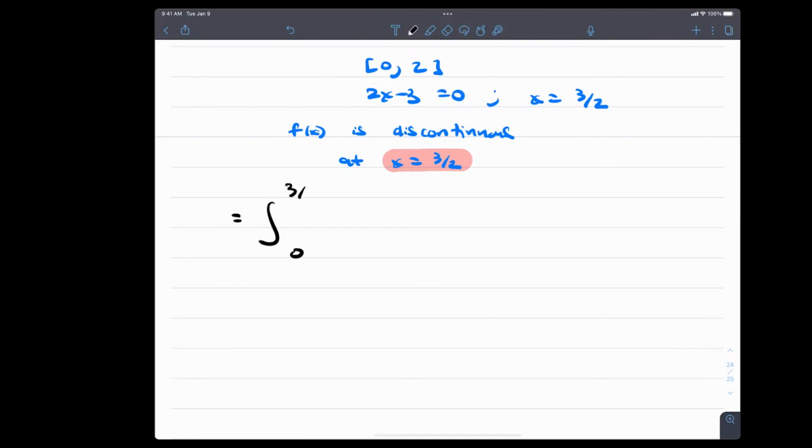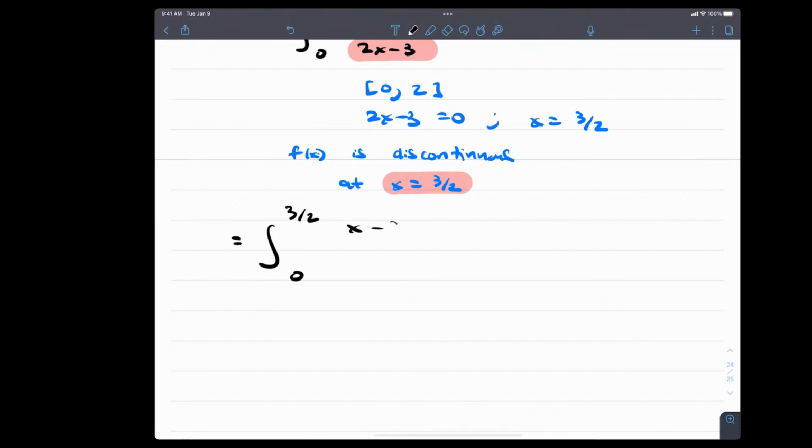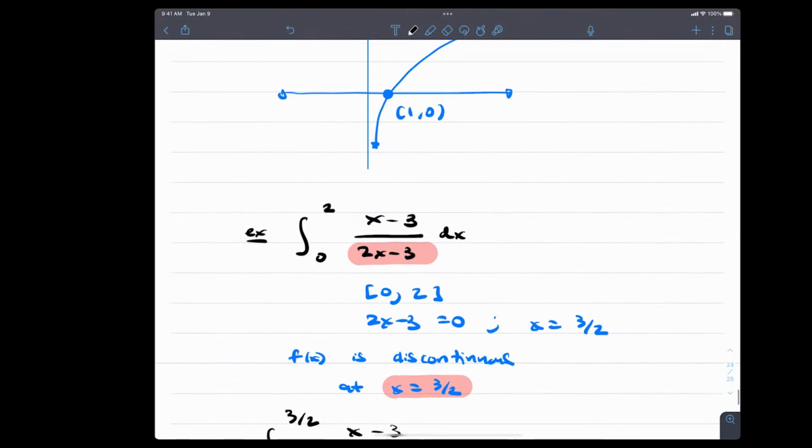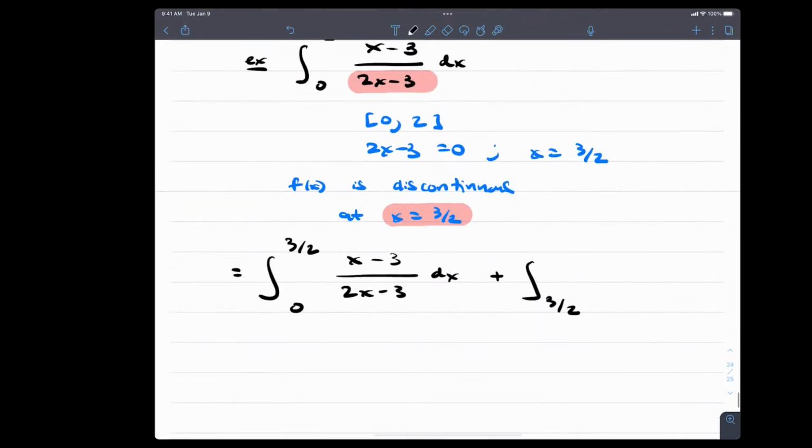0, 3/2, x minus 3 over 2x minus 3, plus 3/2 to 2.